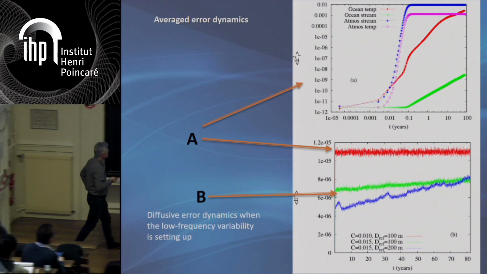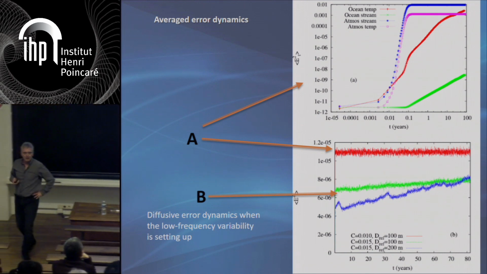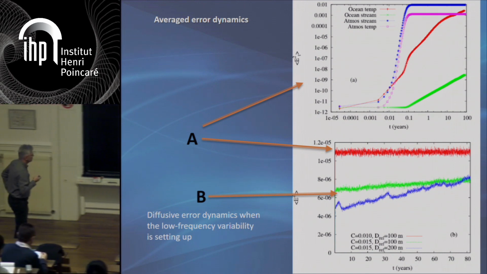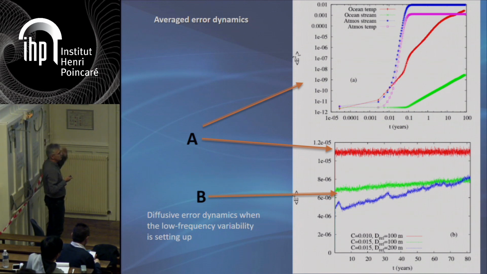What is the blue line? The blue line is the mean square error evolution averaged over 1,000 realizations for one specific variable. It's for CA1.